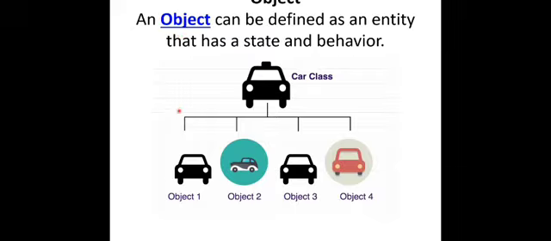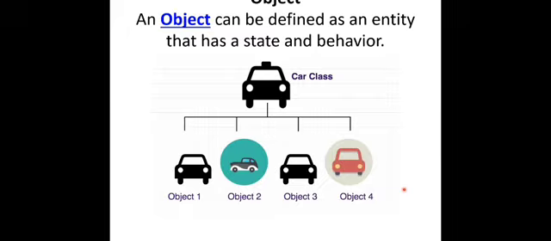An object is a real-time entity that has some state and behavior. In Java, an object is an instance of a class having instance variables, which are the state of the object, and methods as the behavior of the object. The behavior means the object has different attributes, like colors, shape, models, etc. The object of a class can be created by using the new keyword in Java programming.